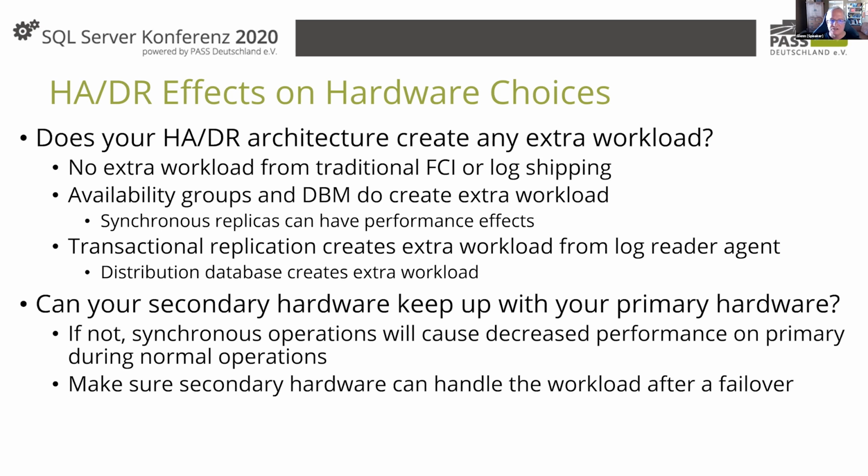Otherwise, it's going to cause slowdowns for your application just during normal usage, and the users aren't going to like that. And then you also want to understand, if you have to fail over, can you actually run your workload on the secondary, or is it going to be really struggling? So these are things you need to think about as you're just deciding how to set up your architecture.